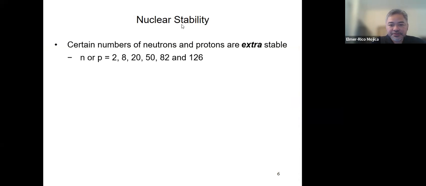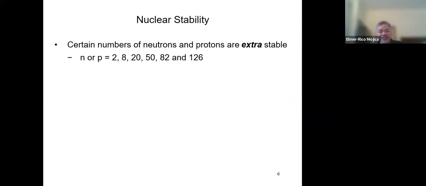So the remaining portion that we have here is just like an FYI thing. Okay. So if they look at the nuclear stability, this is some of the summary that they're able to come up. Certain numbers of electrons and protons are extra stable. So what does it mean?